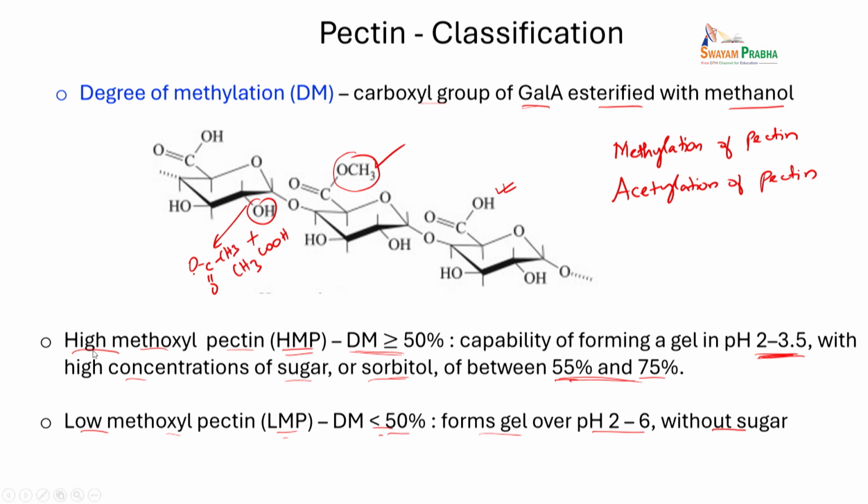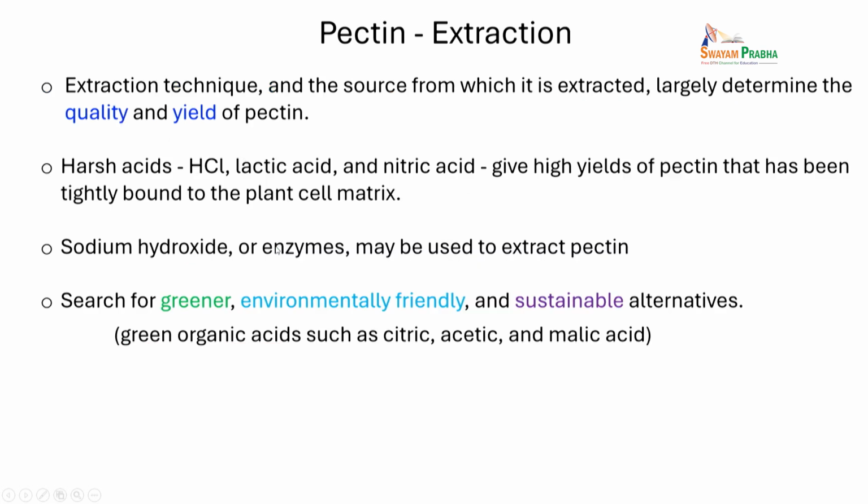Okay, so one of the groups becomes acetylated. While the carboxylic group can be methylated, the OH group here can be acetylated also. So depending upon the degree of acetylation, the property of the pectin also will change. So it is subject to many kinds of further chemical modifications, especially with methanol and ethanol and other things.